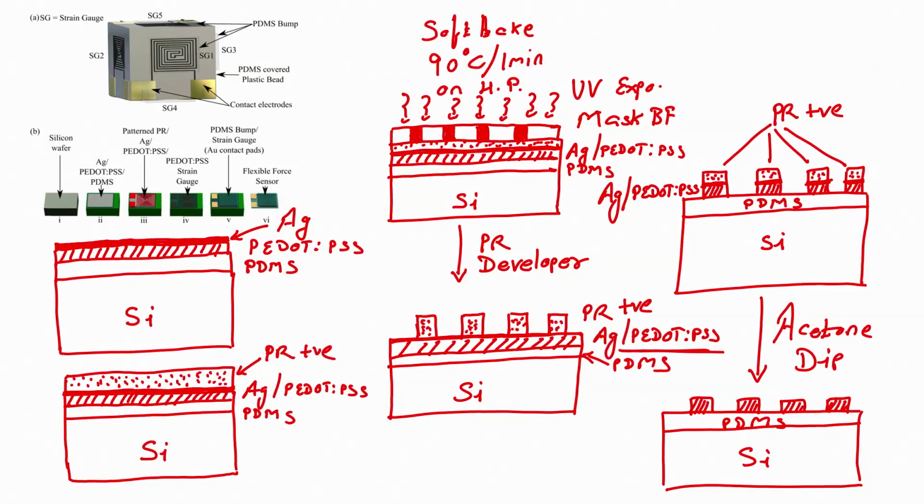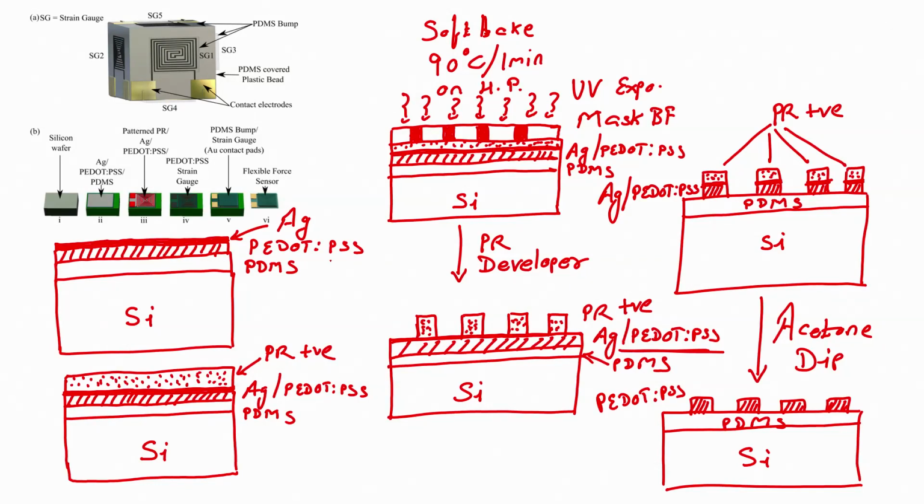We do not require silver. Silver is just used to help in patterning the PEDOT:PSS. So, what do you get? You have the strain gauge pattern of PEDOT:PSS on PDMS and PDMS is on silicon.